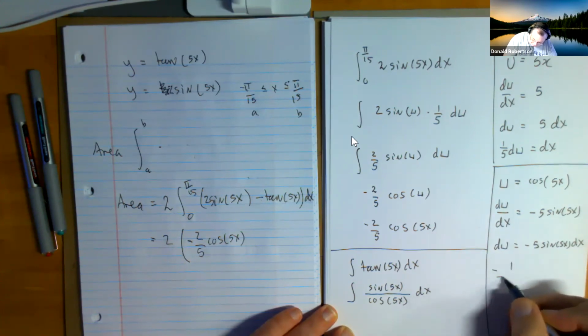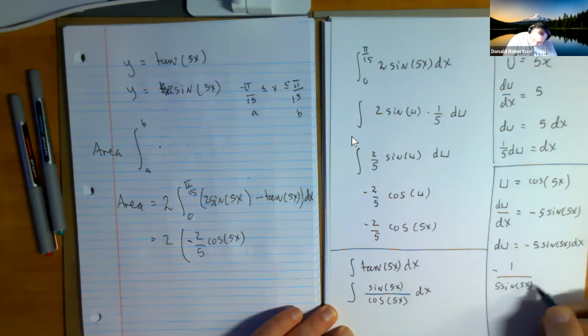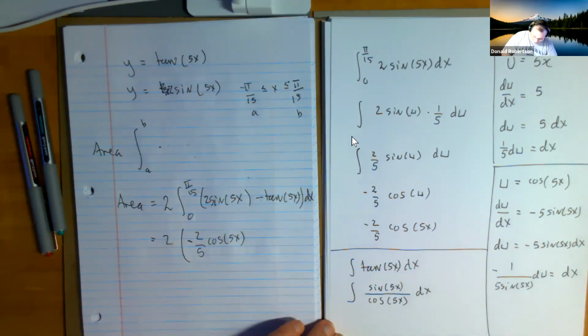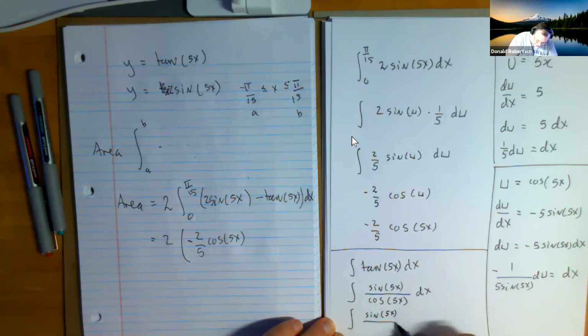And if you isolate this whole thing, you can isolate that fella. So we now have the sine of 5x over u times, and this is the cool part, do you see it cancelling out?